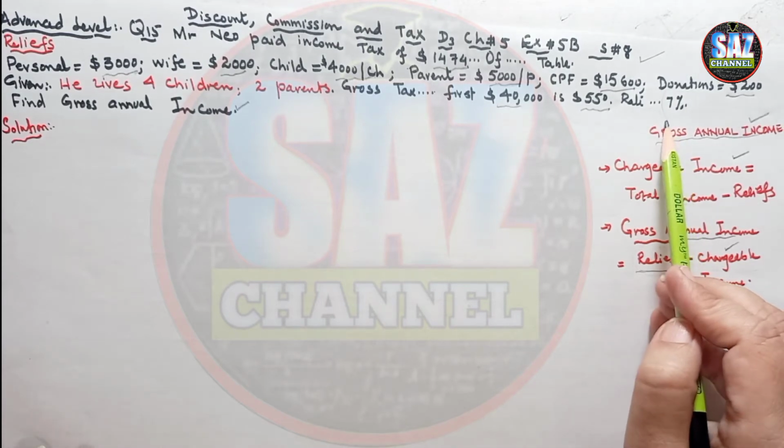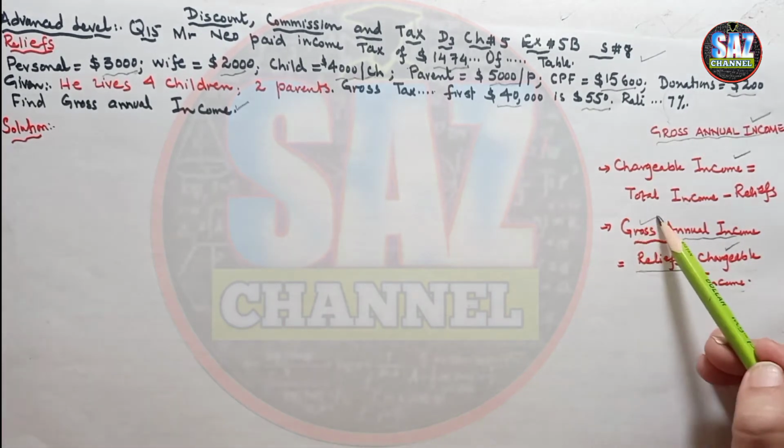So with the help of that, we are going to find out how much amount there is on which he is paying the tax of 7%. And then we are going to add up all these things to get his gross annual income.